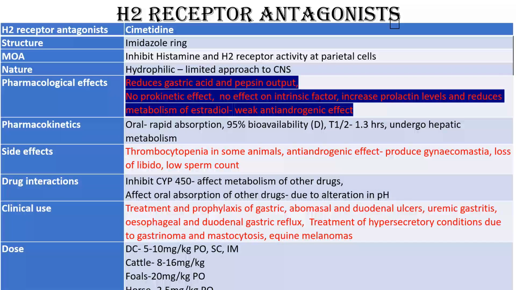Prokinetic agents are those which help in forward movement of food or ingesta in the GI tract, and prevent the backward entry of food into the mouth or esophagus. So they prevent emesis as well as help in faster gastric emptying. These are the prokinetic agents, but cimetidine doesn't have any prokinetic effect.